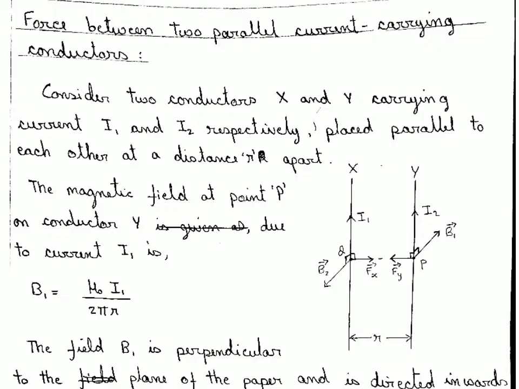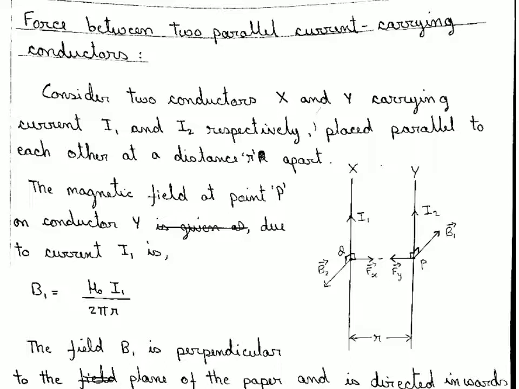So here the magnetic field at point P on the conductor Y, due to the current I1, is B1 equal to mu naught I1 divided by 2 pi r. So this is the magnetic field produced by the conductor X, and the conductor Y is placed in this magnetic field. And the field here is perpendicular to the plane of the paper and is directed inwards. So the direction of B1 is inwards, perpendicular to the plane of the paper.